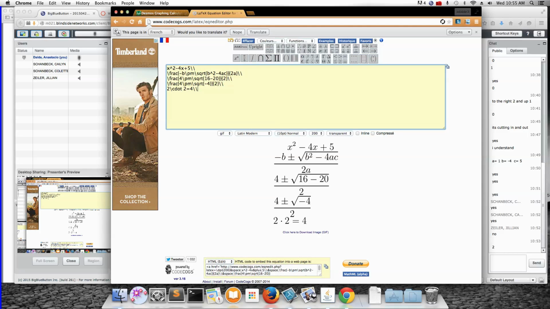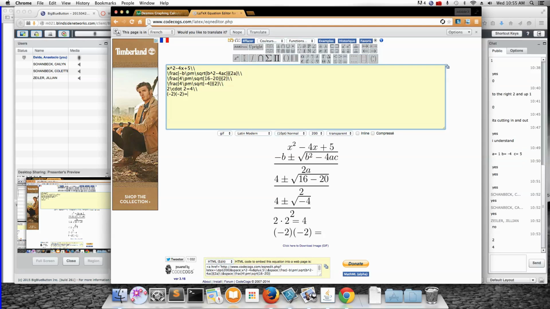And I said, well, what about negative 2? Negative 2 times negative 2 equals 4 as well. So negative 2 can also be a square root of 4, right?